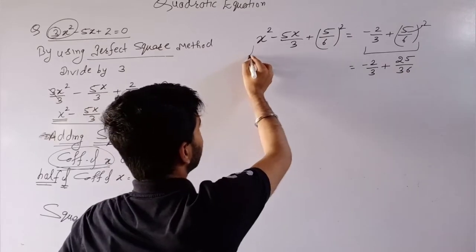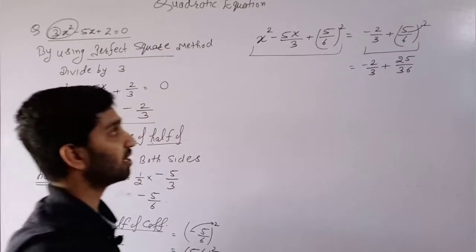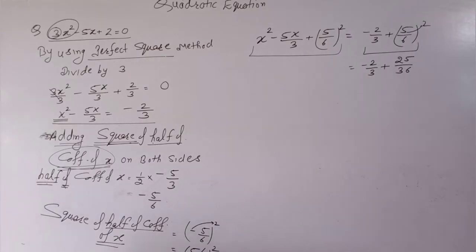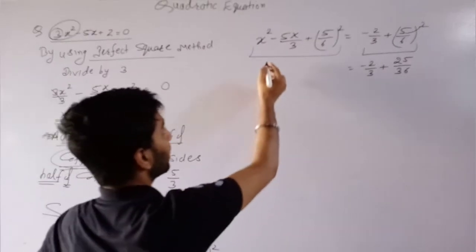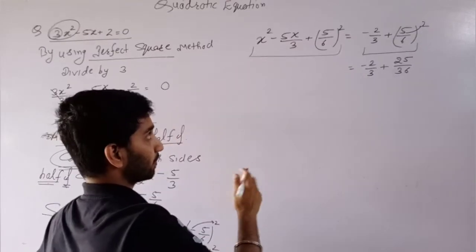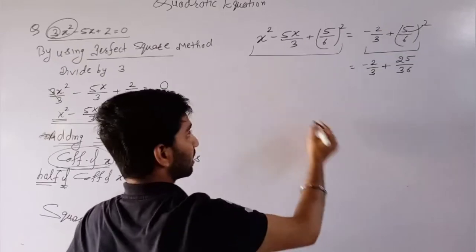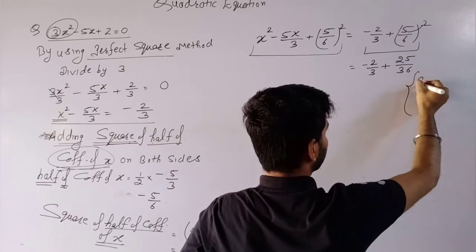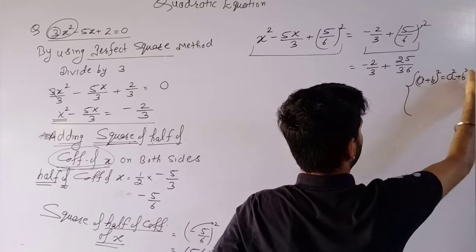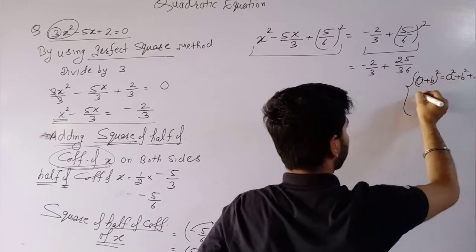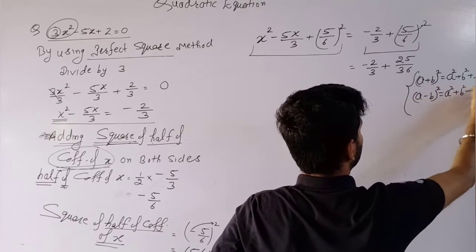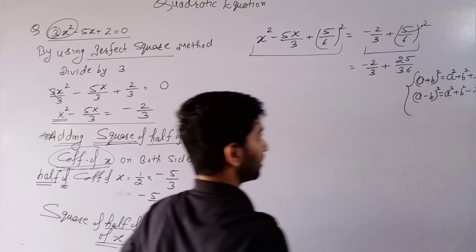On the left side, we always form an identity. Here we have two types of identity. First is a plus b whole square, which is a square plus b square plus 2ab, and second is a minus b whole square, which is a square plus b square minus 2ab.